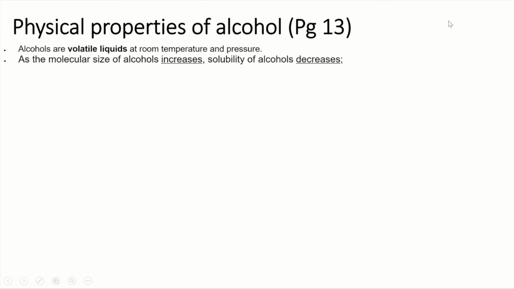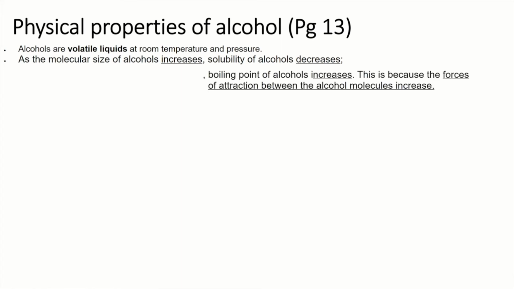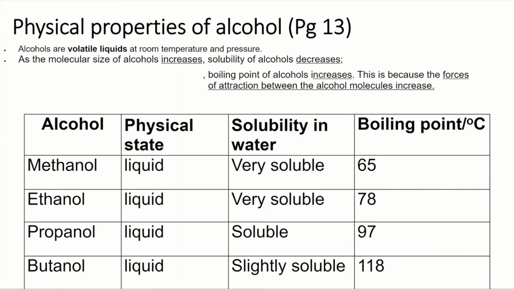So for alcohol, we also take a look at the same physical properties, in terms of their melting point and boiling point. Alcohols have very low melting points and boiling points. They are very volatile. If you take a look at this table, as I go down the homologous series, the boiling point increases.